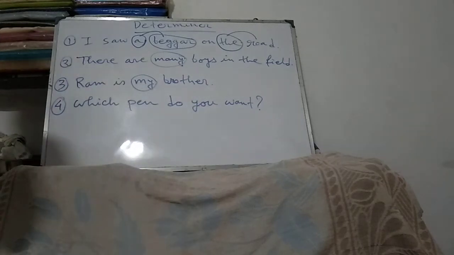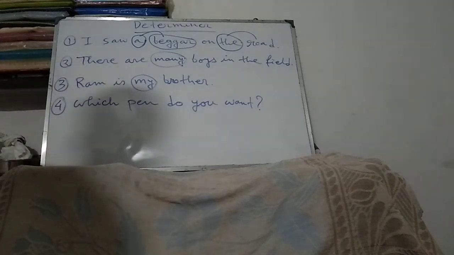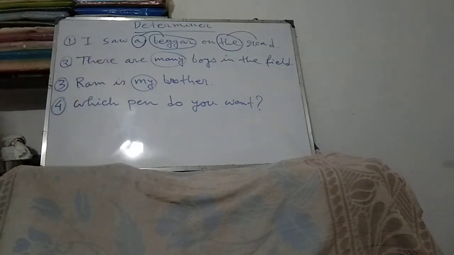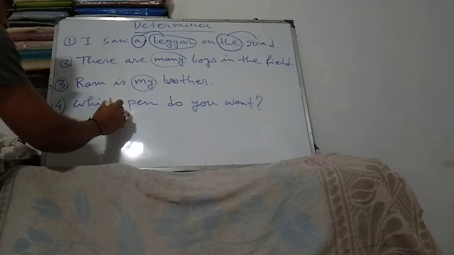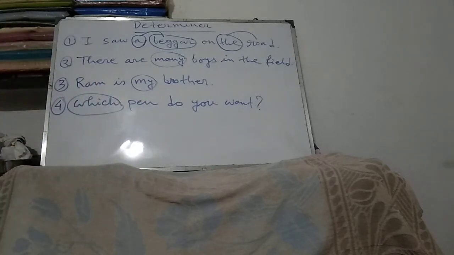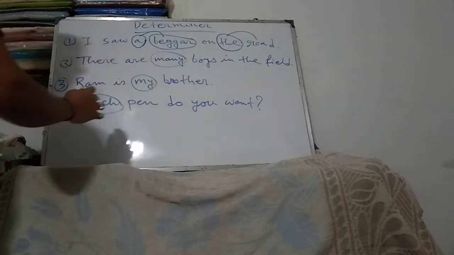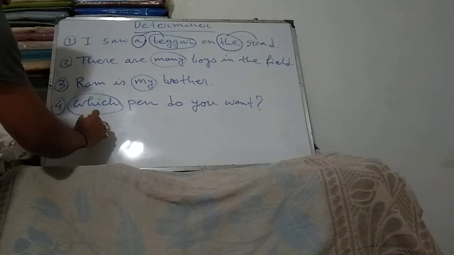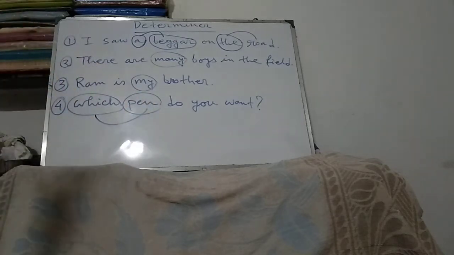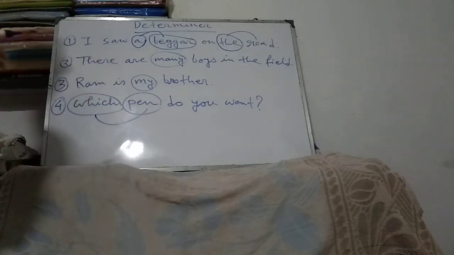And in the last example, example number 4, which pen do you want? Which is used to ask a question, and also here it is making the following noun pen particular. Which pen? Some particular or definite pen it is indicating.